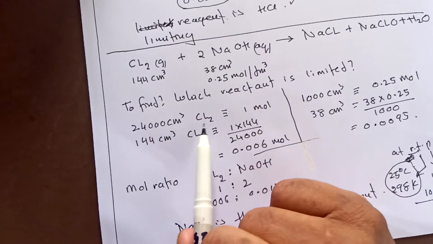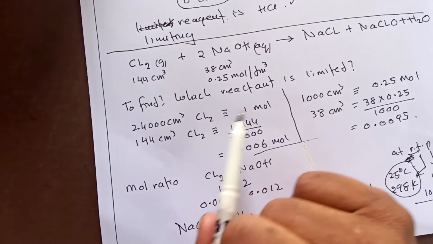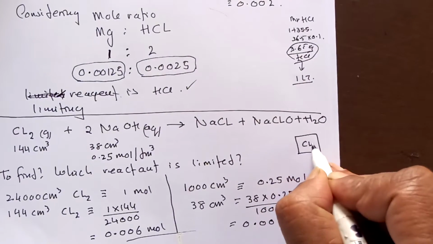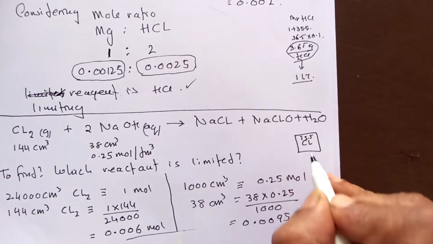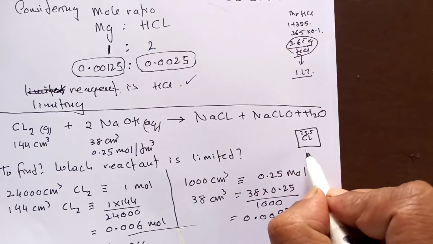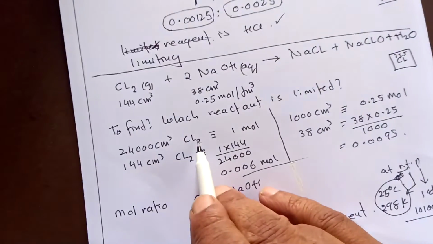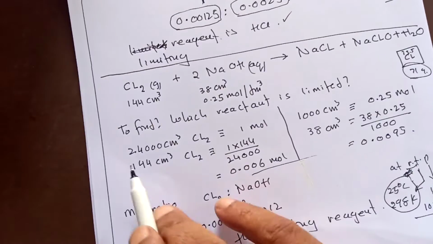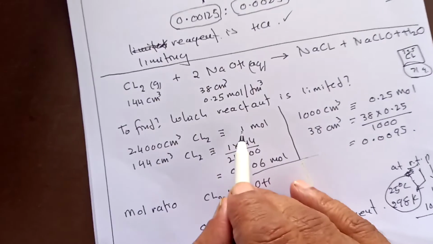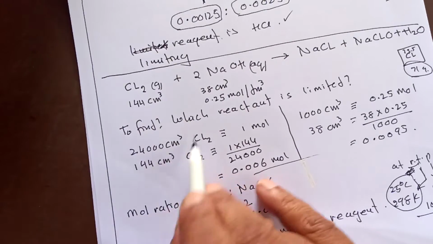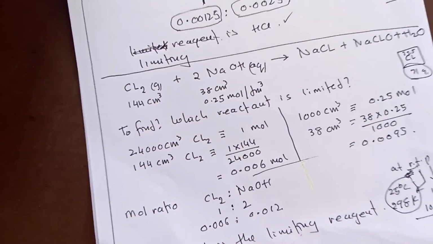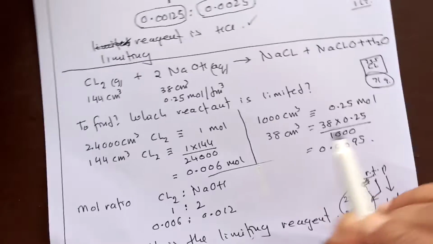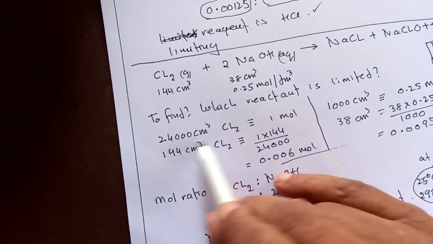Now, what about 1 mole of chlorine? If you take the periodic table, you will see that chlorine is 35.5. With 35.5 times 2, because there are 2 atoms here, the molar mass will become 71 gram. 71 gram of chlorine in gaseous state will occupy 24,000 centimeter cube. So 1 mole is the molar mass, the molecular mass of chlorine.